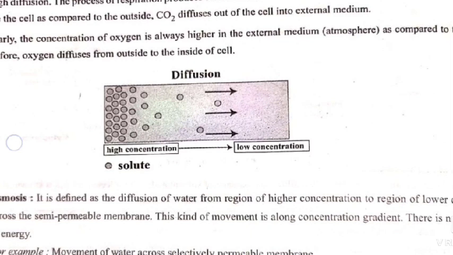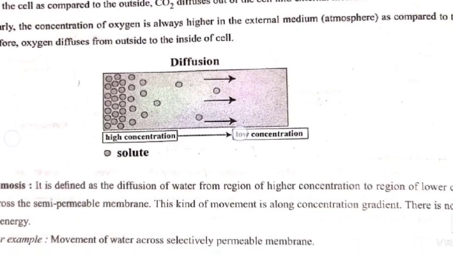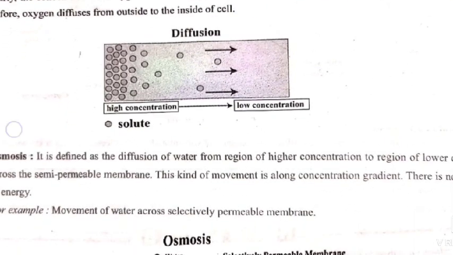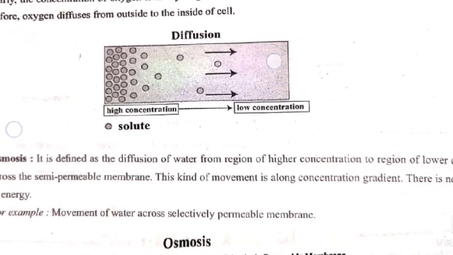Similarly, the concentration of oxygen is always higher in the external medium as compared to the cell. Therefore, oxygen diffuses from outside to the inside of the cell. See the picture: the substances move from higher concentration to lower concentration.